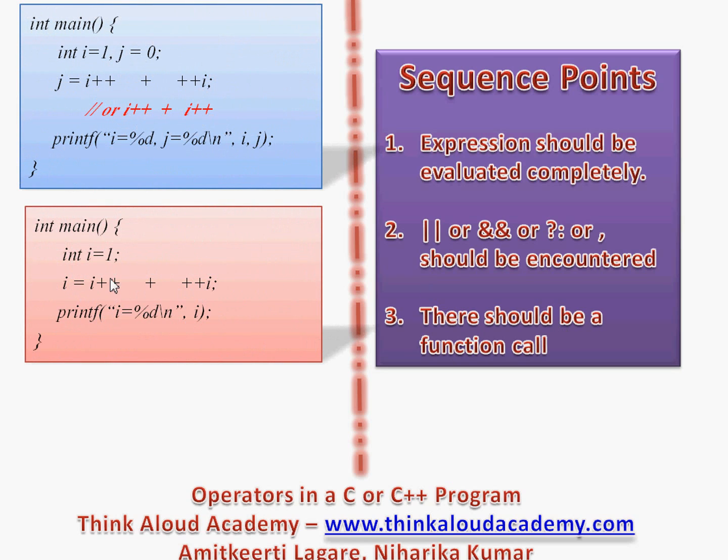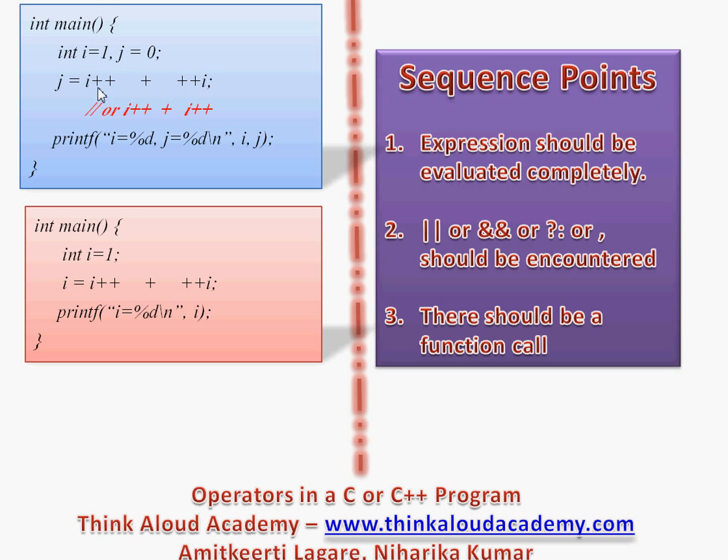Now in these two examples, when I do i plus plus, then plus plus i, I am trying to access the value of i which is not yet ripe, or which has not been evaluated as per the sequence points. Here I am trying to increment the value of i, so the value of i should be known at this point.